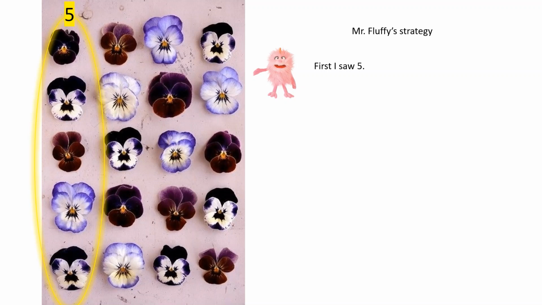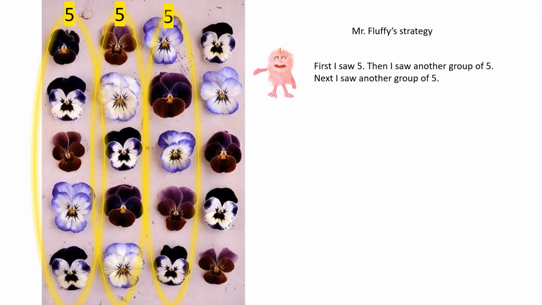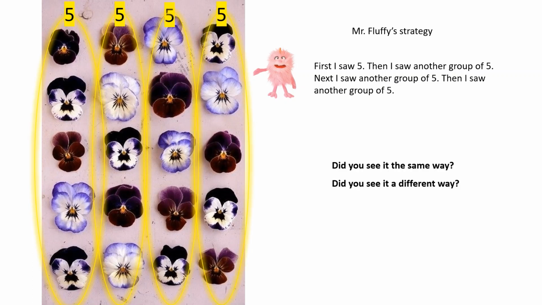Well, first I saw 5. Then I saw another group of 5. Next I saw another group of 5. Then I saw another group of 5. Thanks, Mr. Fluffy. So, mathematicians, did you see it the same way, or did you see it a different way?